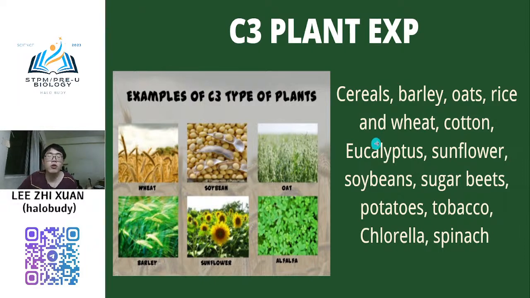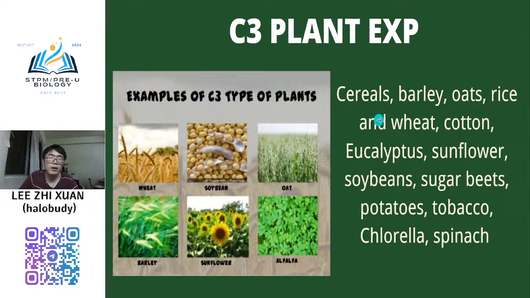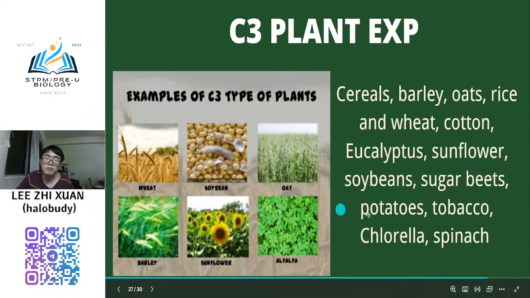So you need to learn not just the variations of C4 and CAM, but also the examples, because when an example comes out, you won't know. Nowadays MPM likes that. They will not directly say C3 or C4. They will use a plant name, for example rice: write out the production of ATP and NADPH of rice, or the carbon cycle of rice, or the pathway of rice. You must know that rice is under C3. So these are all examples of C3 plants.